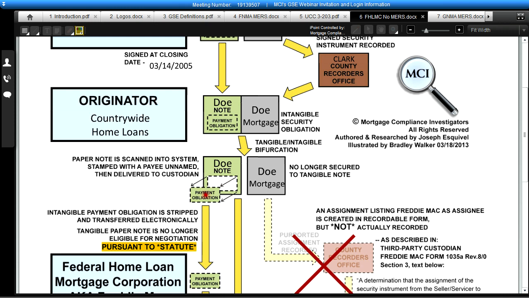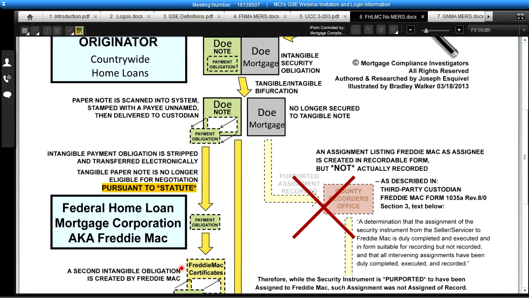Now, what else happens is that an assignment listing Freddie Mac as assignee is created in recordable form, but not actually recorded. And this is as described in third-party custodian Freddie Mac Form 1035A, Revision 8, Section 3.